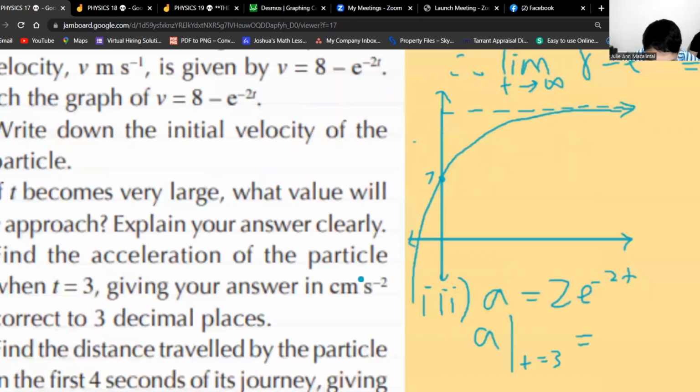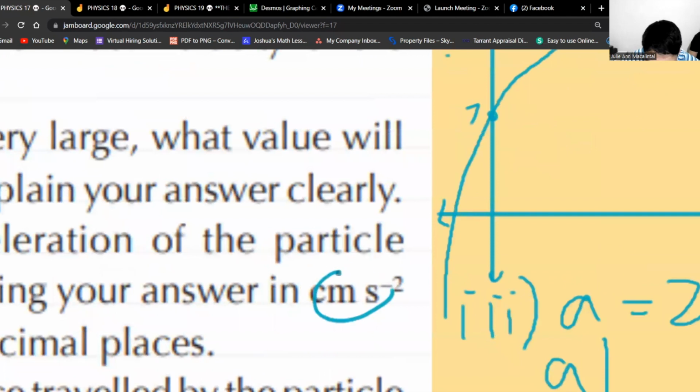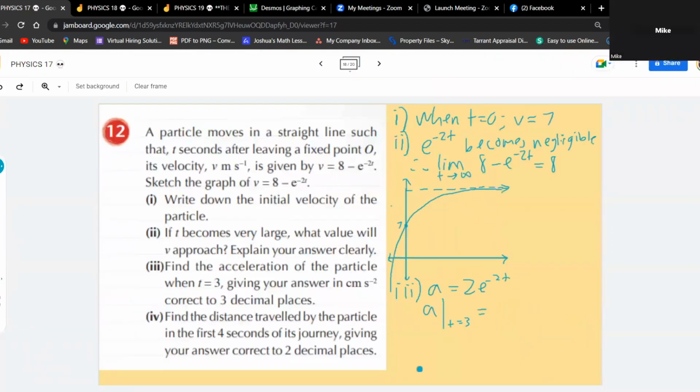The centimeters per second squared. I see you. Okay, so ano nakuha mo? 2 times 100 lang. Lagyan mo lang ng ano, don't forget to put in the units.